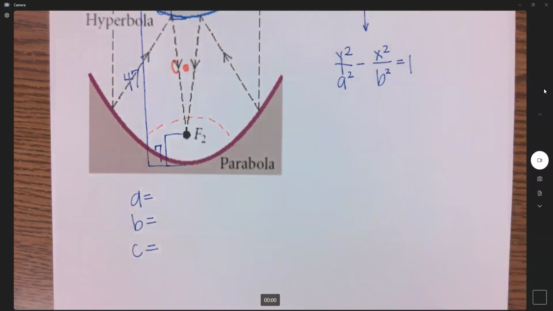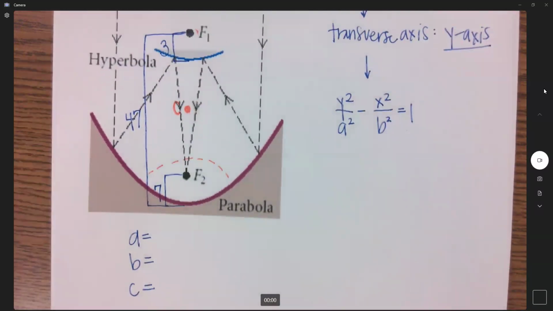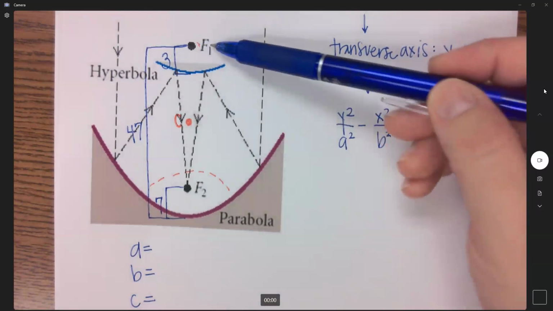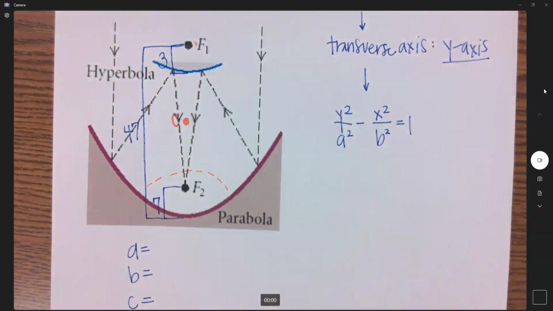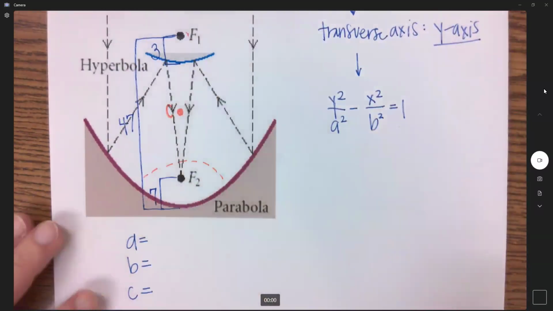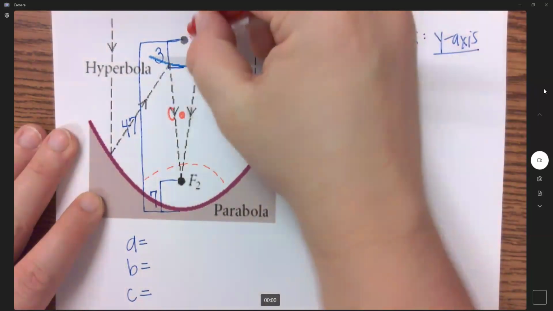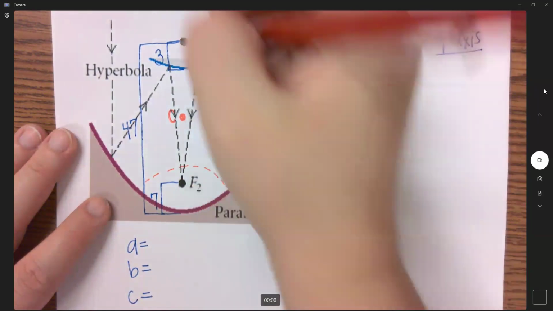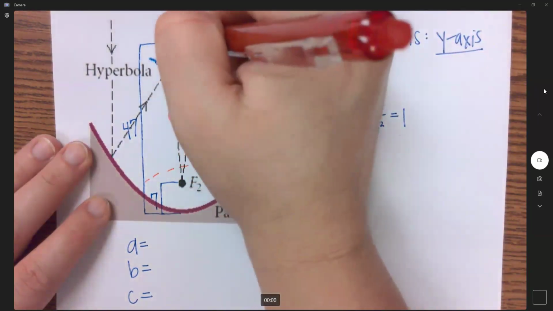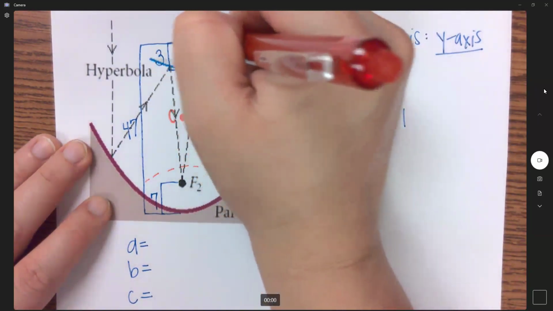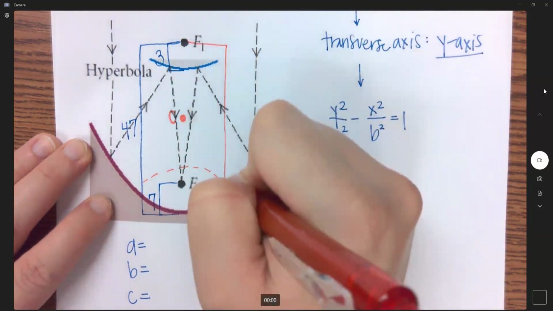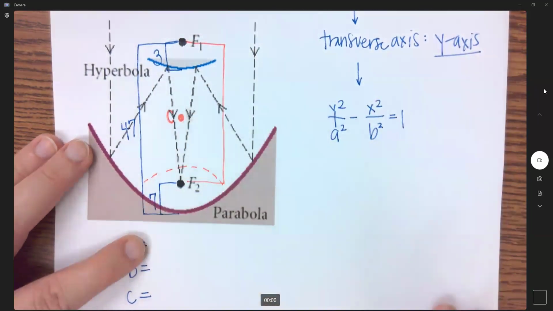I actually don't have any of these yet, but we can find them based off the information I am given. Blue here is all the stuff we were given. Red is the stuff that we are finding. I can find the distance between these two foci.